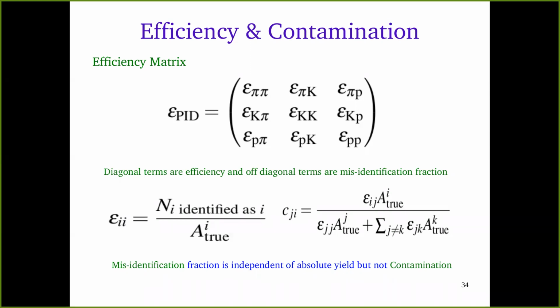This is the general prescribed way. There could be other ways also, but what I want to emphasize here is: be careful when you calculate the contaminations, because the very definition of contamination has yields that are very much dependent on the choice that you make.